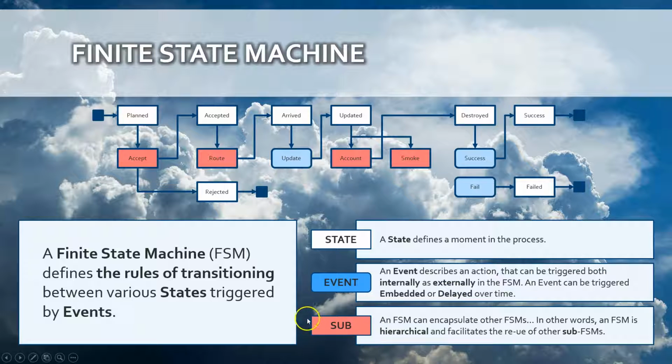The sub is something I'm not going into details about right now, because we need to go through a couple of examples before this can be understood. But basically, you can remember right now that a sub facilitates the reuse of ready-made finite state machines, so that the wheel does not have to be reinvented every time.